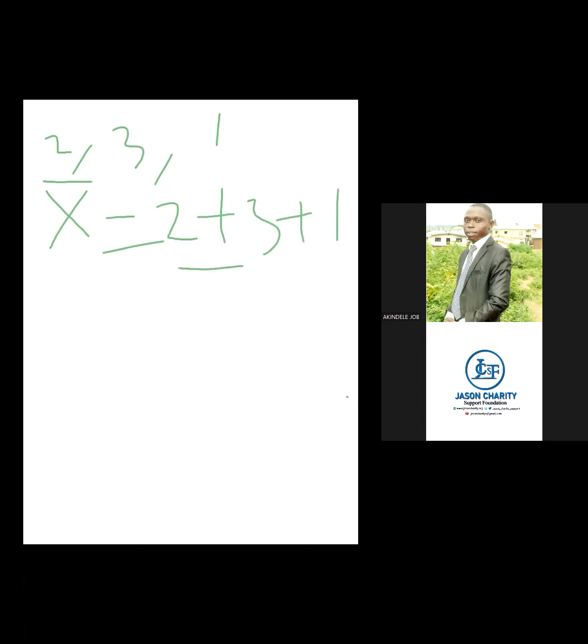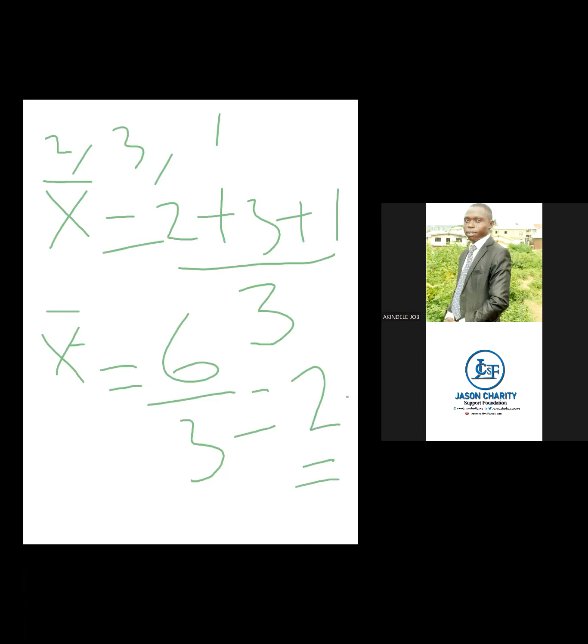So our mean will be equal to 6 divided by 3, which is the sum divided by the number of times those values occur. That is how.